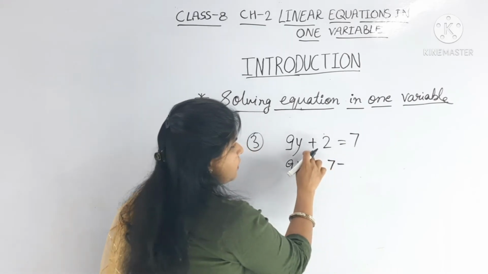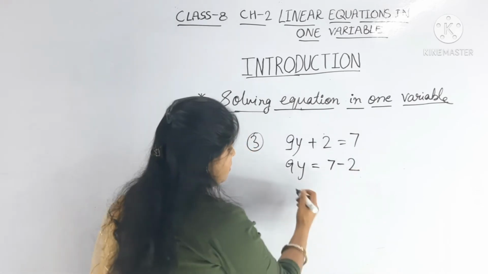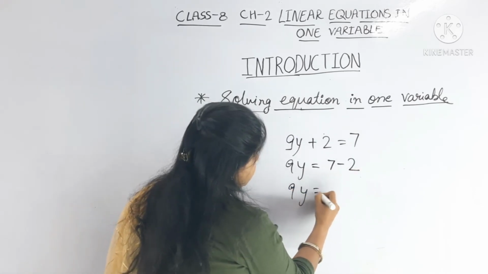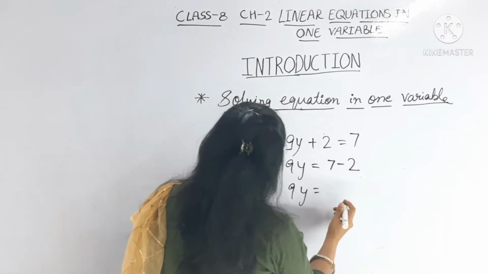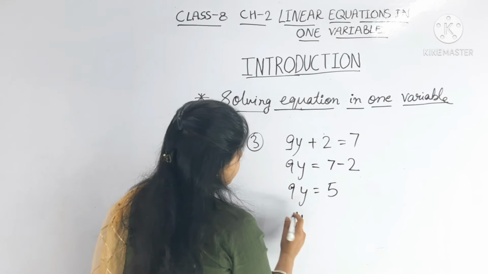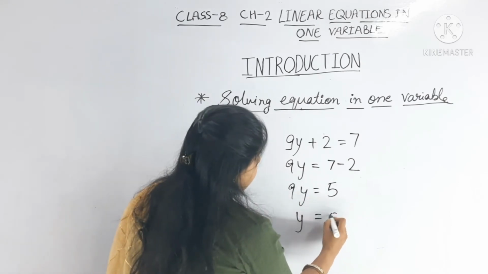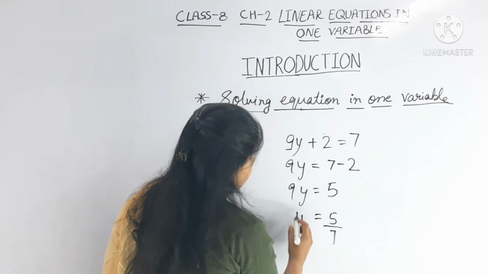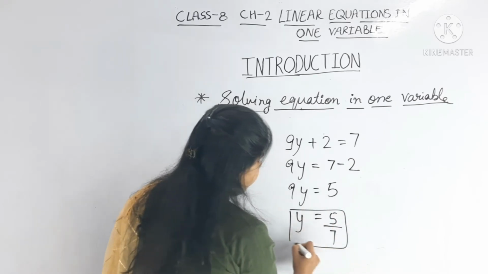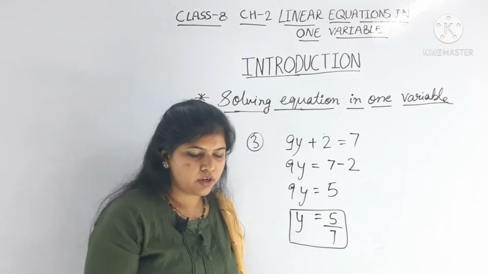Here it is a plus sign, so it will change to minus. So 9y equals 7 minus 2, which is 5. Since it is multiplication, after the equal sign it will be divide, that is y is equal to 5 by 9. So like this you can solve an equation in one variable.